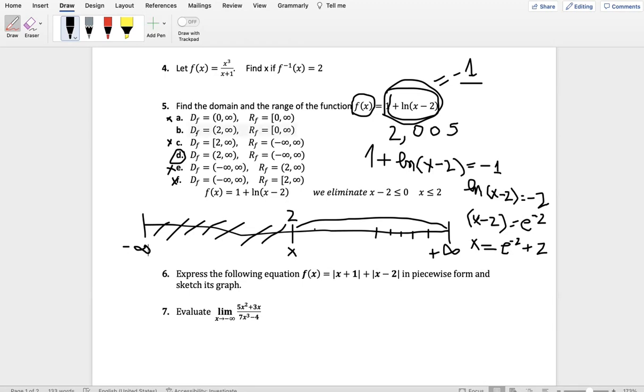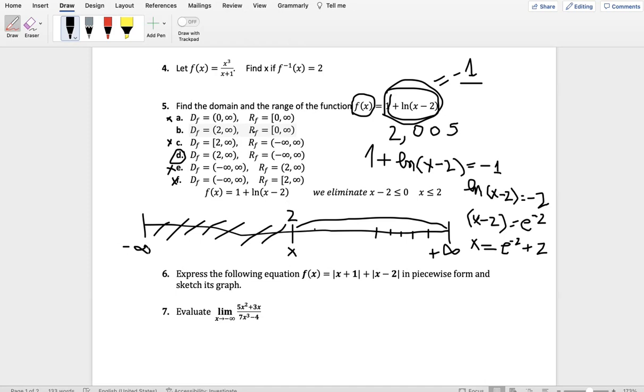Because remember, for B to be the right answer to our question, any value of x in the domain must have a value in the range as well, and vice versa.